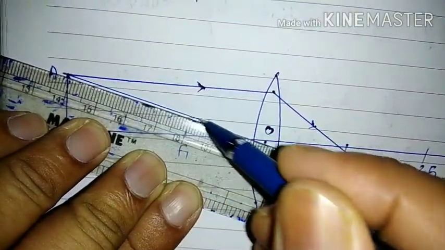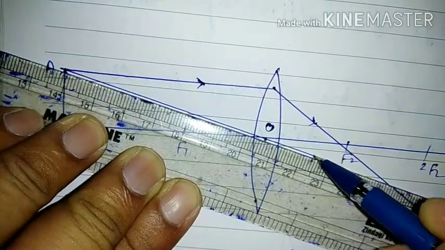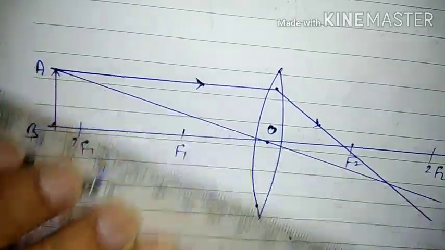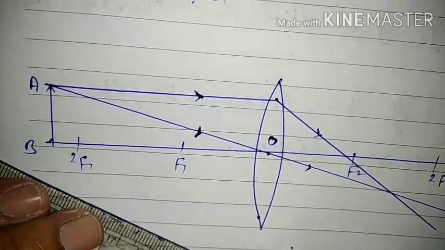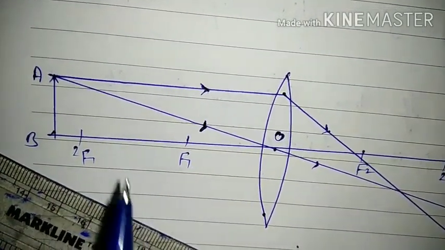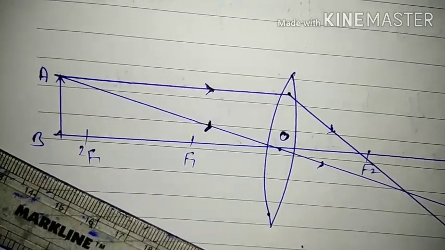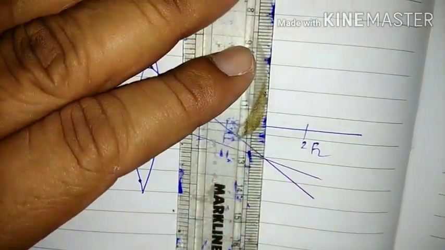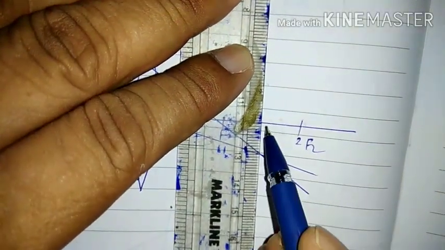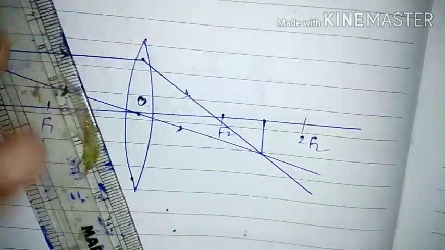What we had seen? We have seen that rays of light passing through optical center do not change their path. Now, what happens? See, these 2 rays really meet here. And the point where these 2 rays meet really, a real image of the object forms.